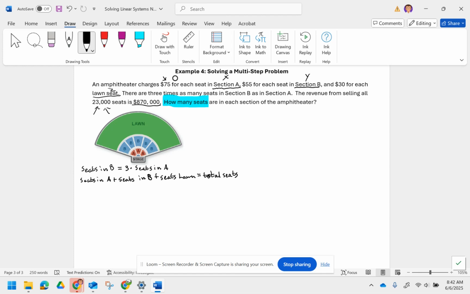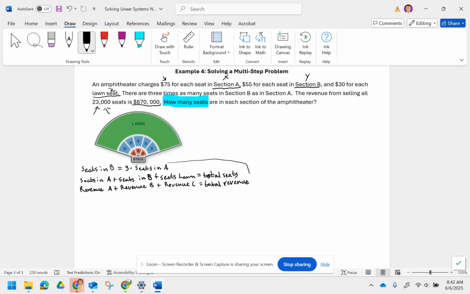Essentially, I'm just going to multiply the number of seats in A by 75, and we would call that the revenue that we get from A. So to get our total revenue, we have revenue from A plus revenue from B plus the revenue from C should be the total revenue.